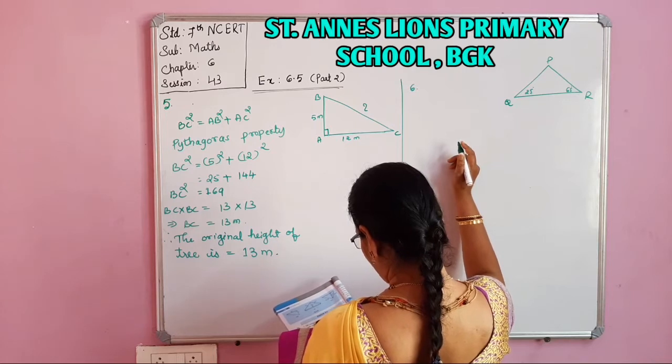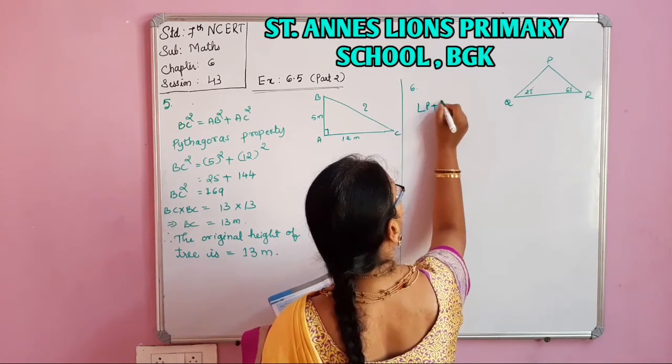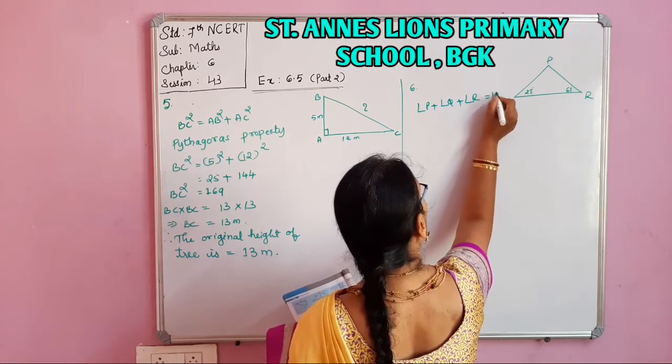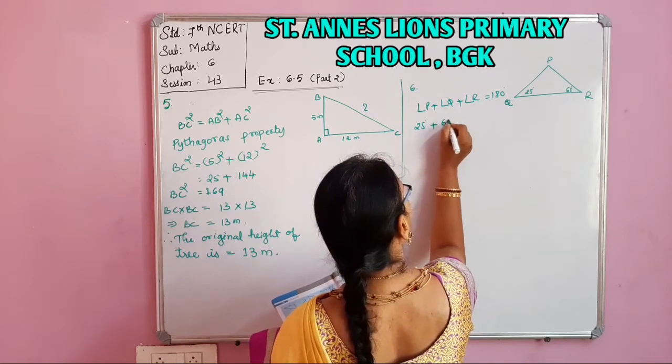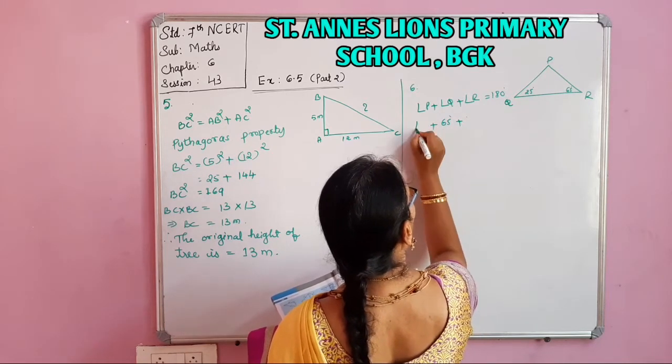Solution. Angle P plus angle Q plus angle R is equal to 180 degree. Sorry, this angle P is not given.